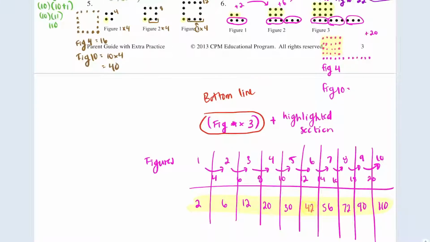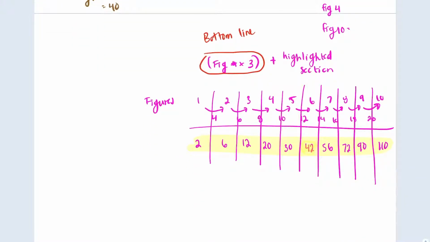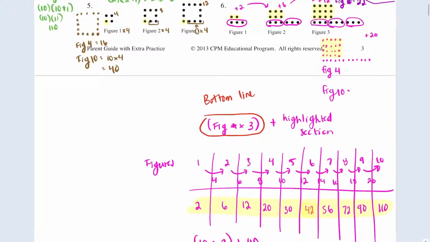Okay, so now what I'm going to do is use this for figure 10. So for figure 10, I do my figure number times 3, then I add the corresponding highlighted section, plus 110, so that's 30, plus 110 for a total of 140 dots.